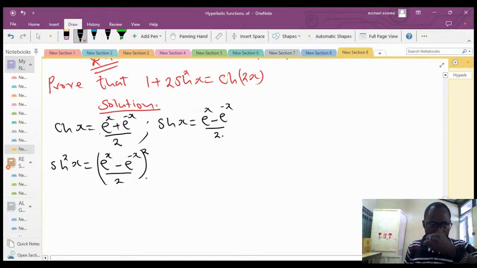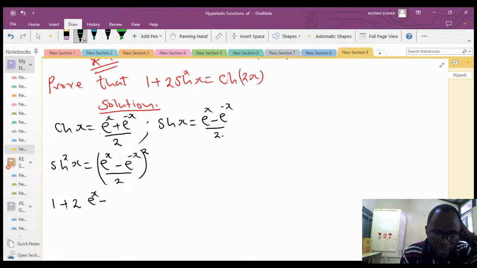So we substitute, so we're going to have 1 plus 2, then exponential x minus exponential negative x, this one squared, then over 4, which is 2 squared.